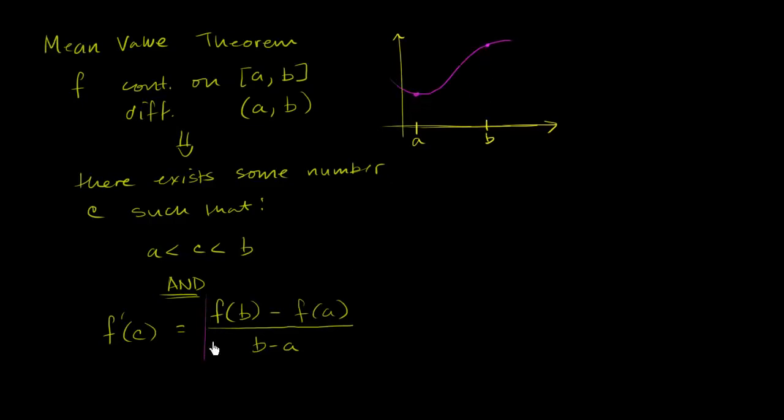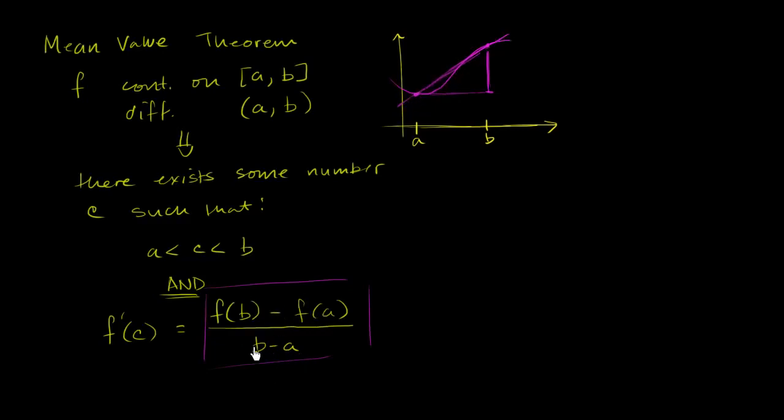So this quantity right over here, f of b minus f of a, is the change in the value of our function divided by the change in our x-axis. So it's our change in y over change in x. That gives us the slope of the line that connects these two points.